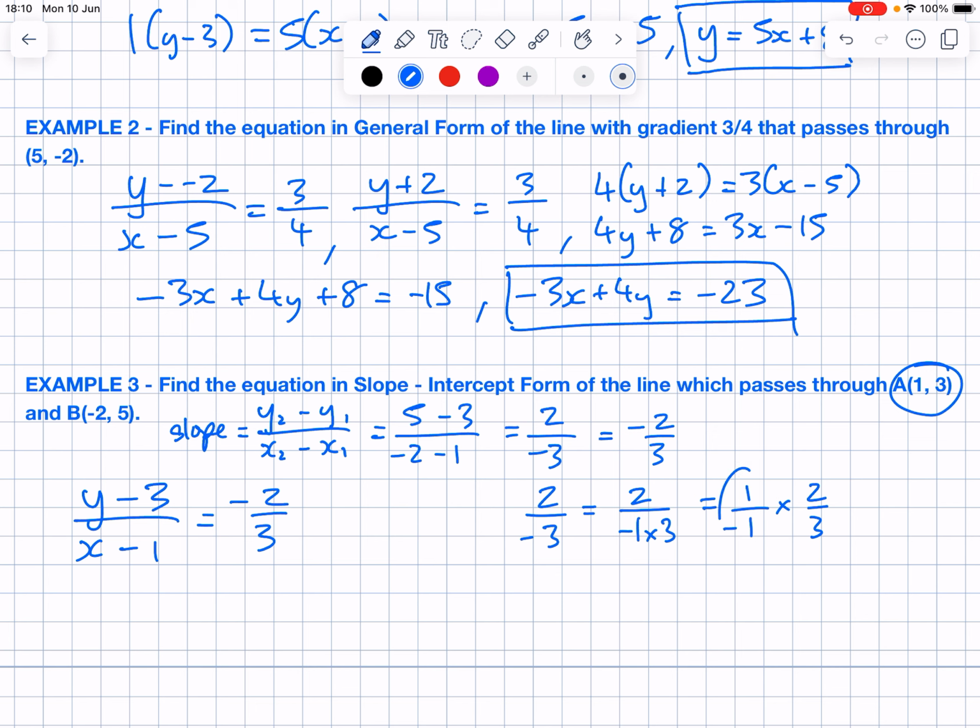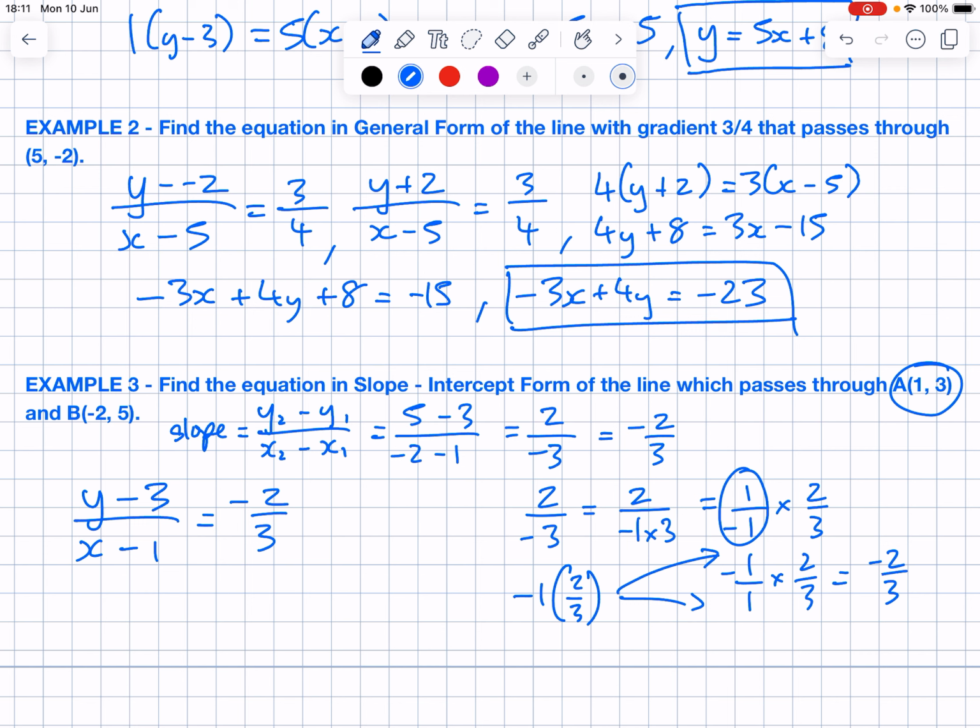Now, if we focus on this, 1 over negative 1 is exactly the same as negative 1 over 1. You get the same answer. The answer is just going to be negative 1. So I can flip that and then times it by 2 on 3, which is going to give you negative 2 on 3. It really doesn't matter. Actually, the best way to deal with it is to say that it's negative 1 times by 2 on 3, which again just gives you all the same answer, so don't worry about that too much, okay?